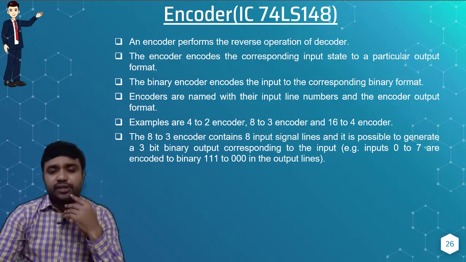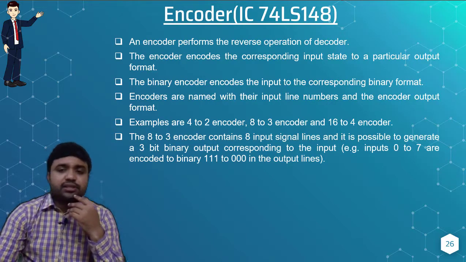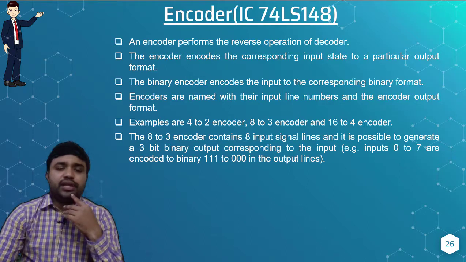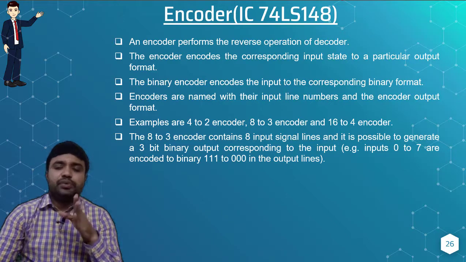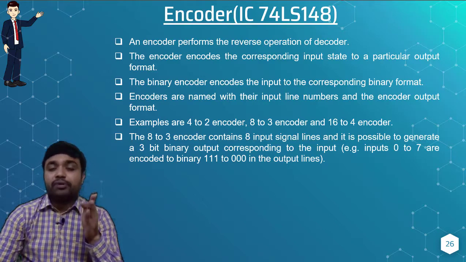And here we are considering that the 8 to 3 encoder contains 8 input signal lines, and it is possible to generate a 3-bit binary output corresponding to the input. That is, inputs are from 0 to 7, whereas the outputs are from 111 to 000. Here we are going to reverse the combination.